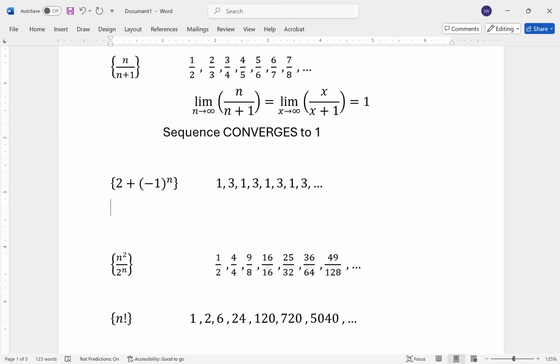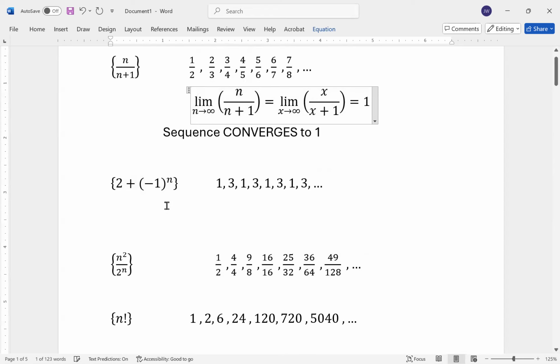Now, in this next one, I can't really do any algebraic tricks to this because -1 to the n is not going to be a continuous function over the real numbers.